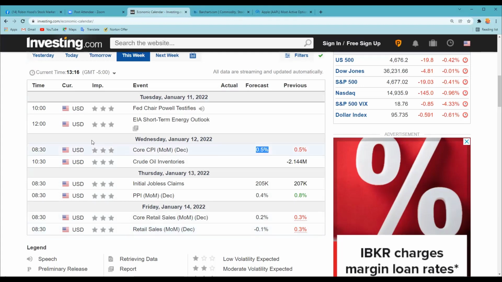So it's very important that you are aware of these and know how they can affect the stock market. The crude oil inventories will be reported next after your core CPI on Wednesday. This report is scheduled for 10:30 Eastern time, which is 1 hour after the stock market opens. So we have something that's going to affect the stock market during pre-market, and then another economic report that is going to affect it after the market opens.